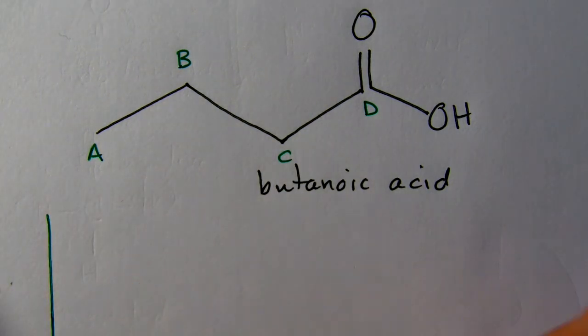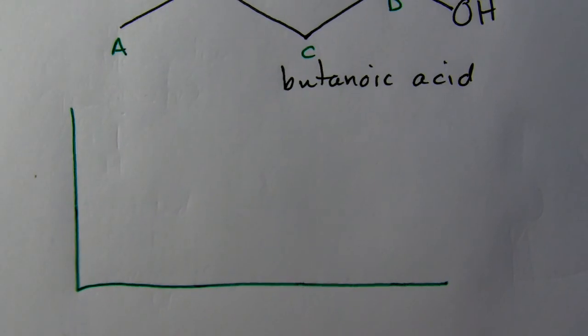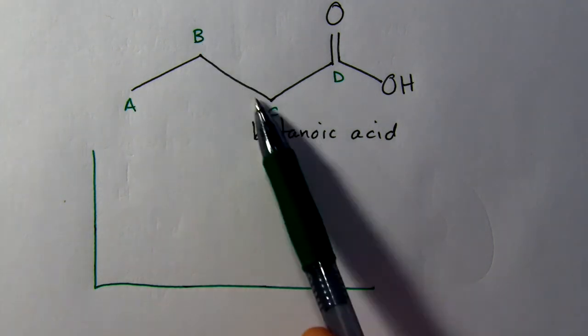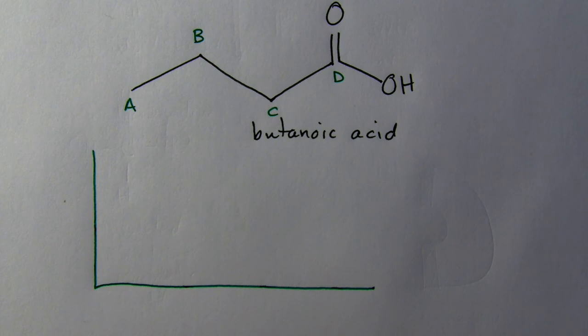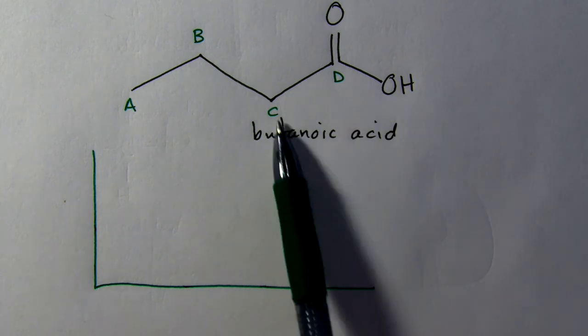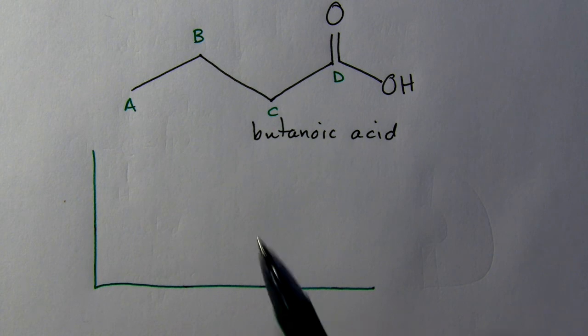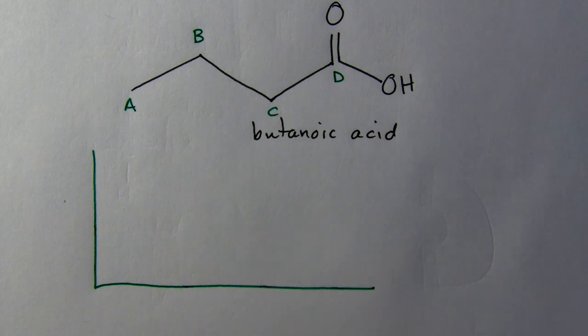Okay, so now I have this situation here. And the question is, how does this help? Well, first of all, we have 1, 2, 3, 4 distinct kinds of carbon, which we will talk about later. There's 4 distinct types of carbon. And so what we're going to find is we have 4 distinct peaks on the spectrum here.